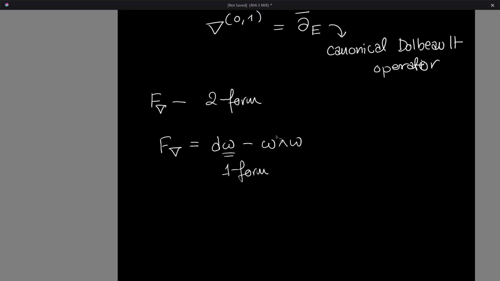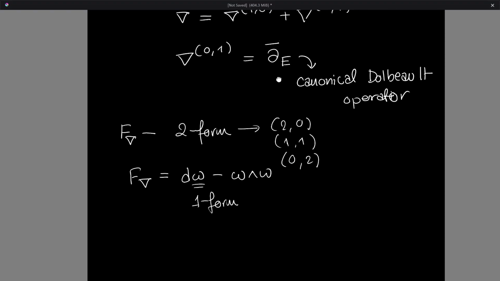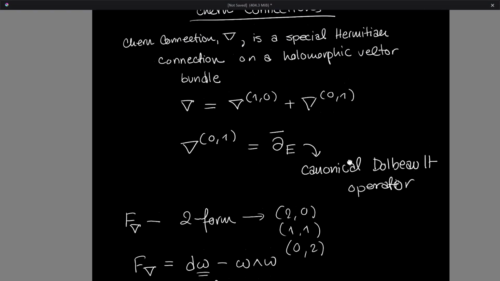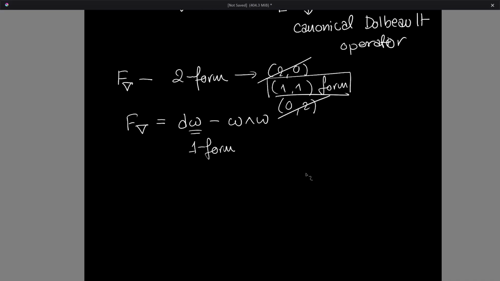But in the complex sense, a 2 form can either be a 2,0 form, a 1,1 form, or a 0,2 form. And in general, a 2 form can have components of all three of these. But when your connection is the Chern connection, a special thing happens where the 2,0 form and the 0,2 form parts both cut out, and you get just a 1,1 form. This is going to become important in the next lecture when we talk about Kähler manifolds, what this 1,1 form is going to be.